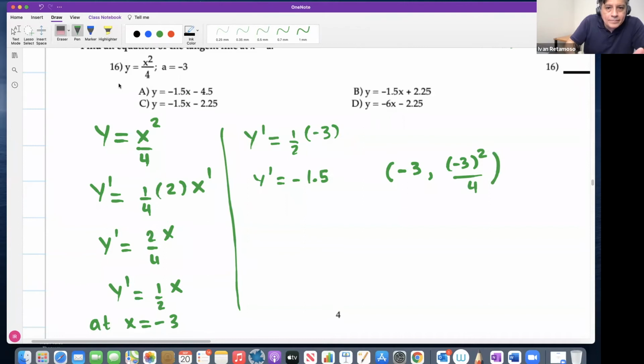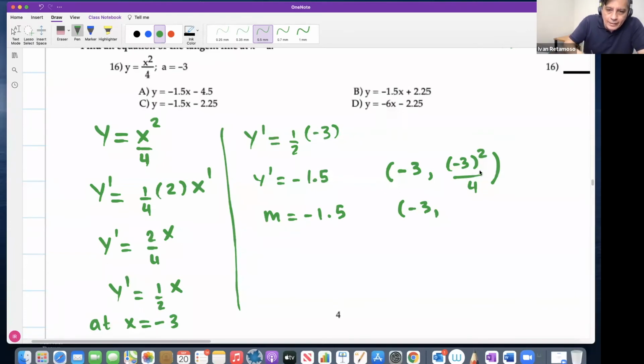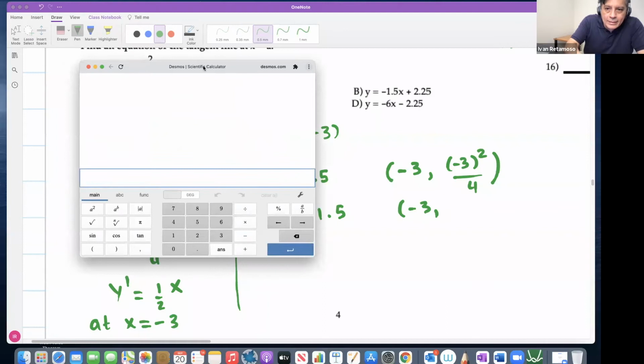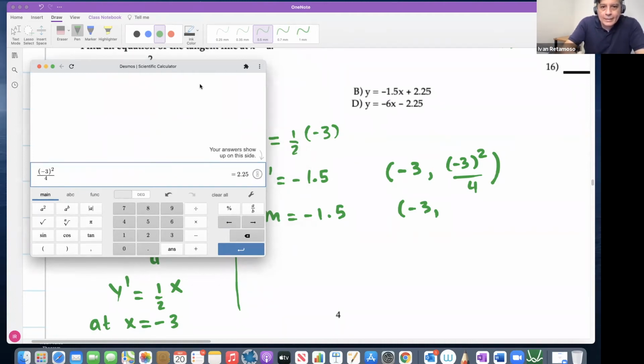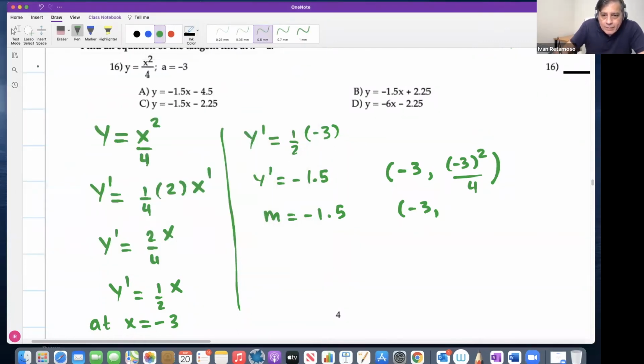So now, a slope equal minus 1.5. The point is negative 3, comma. Let's compute this in our calculator, right? Negative 3 squared divided by 4 is just 2.25, right? 2.25.